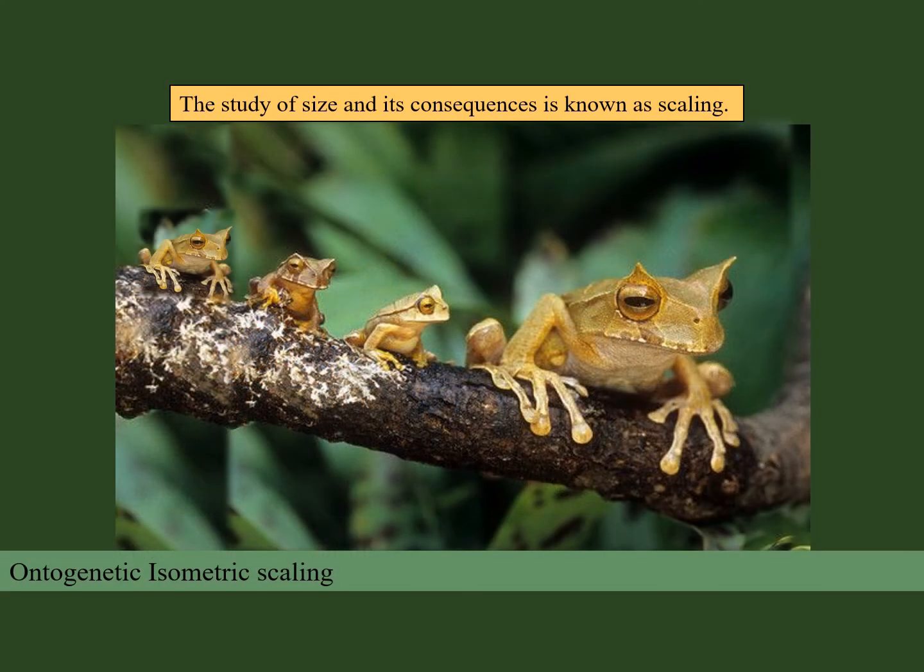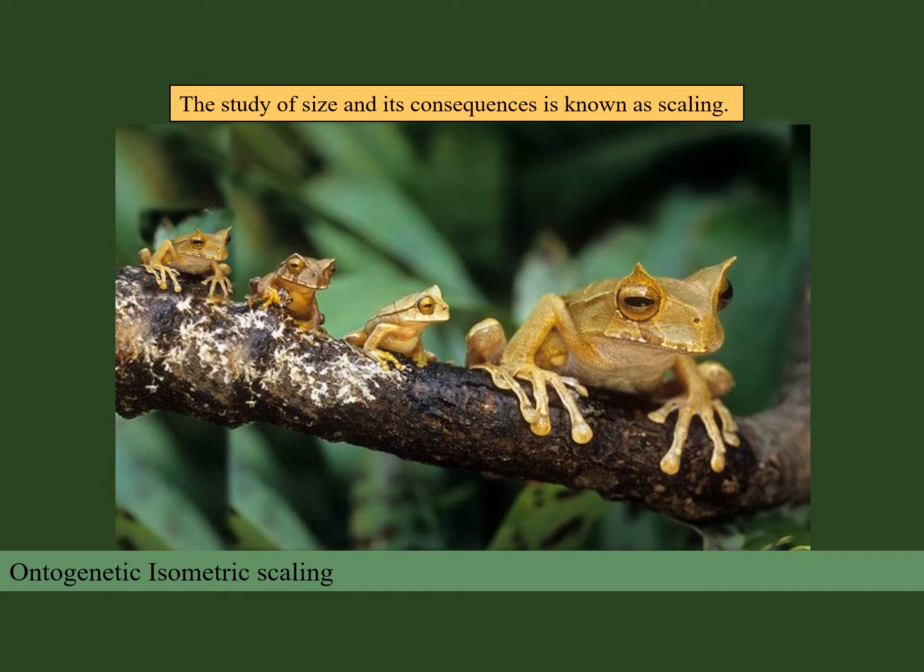This is an example of isometric scaling. So this is an adult and juveniles of amphibians, and it's pretty common in amphibians to have isometric scaling. What I did here, to make the point, is I actually photoshopped this slide.